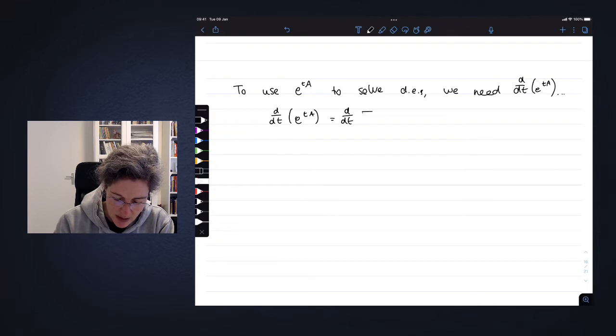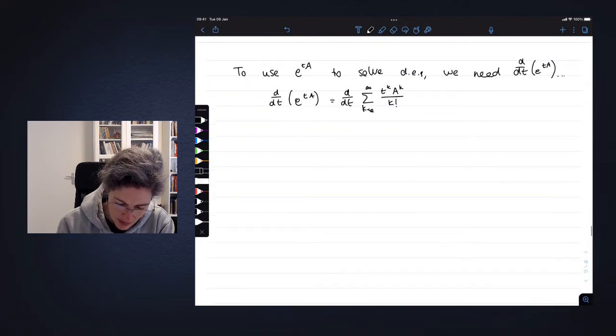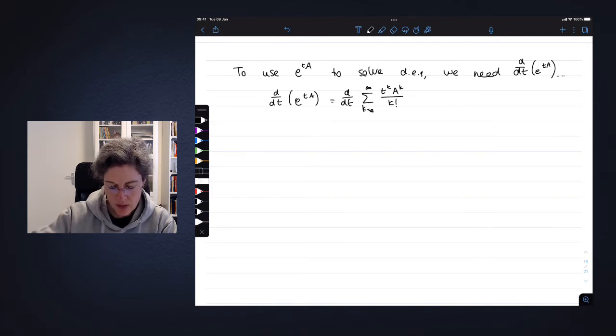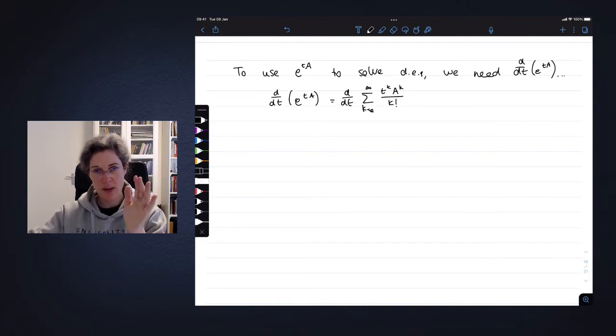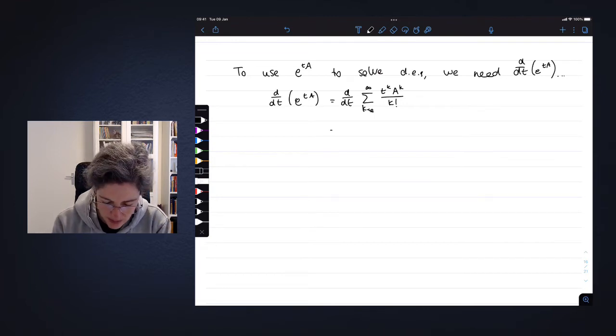So we need d by dt of the sum from k equals 0 to infinity of t to the k, A to the k over k factorial. So this is just a sum of terms. So we've got the derivative of a sum, which is the same as the sum of all the derivatives. So we can take our derivatives in.